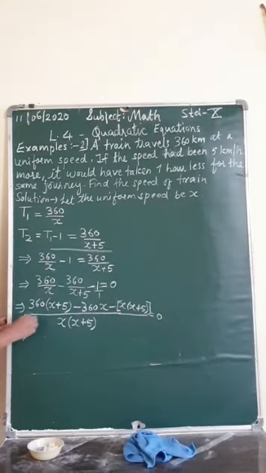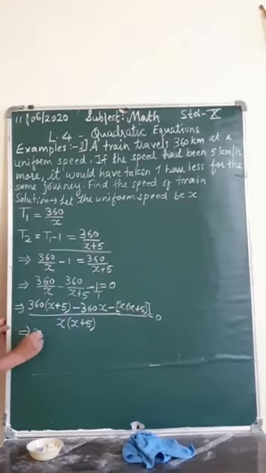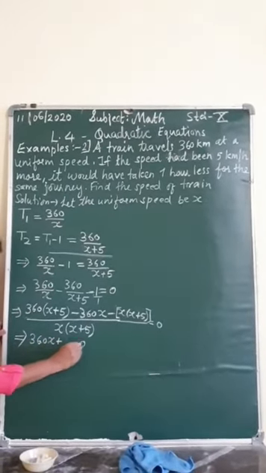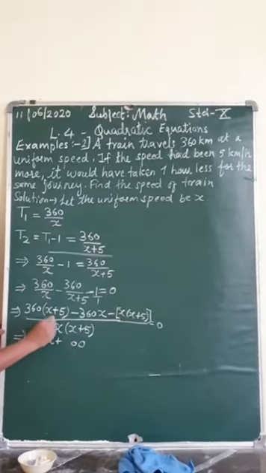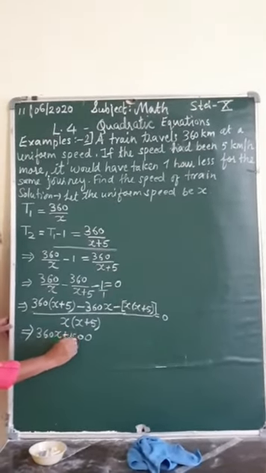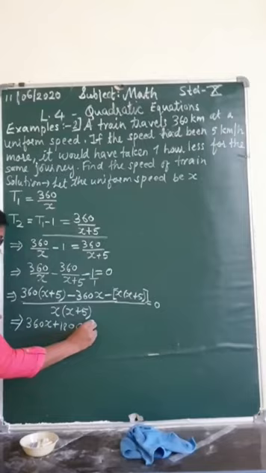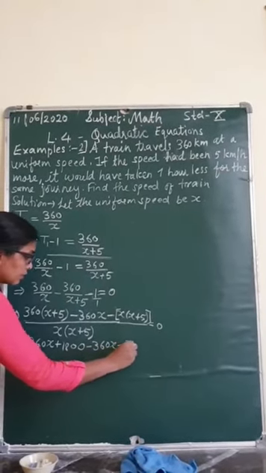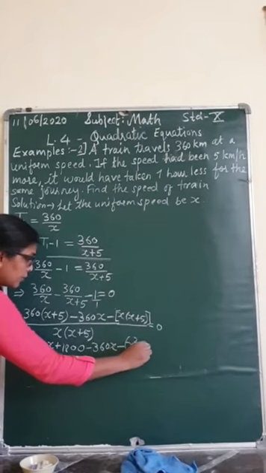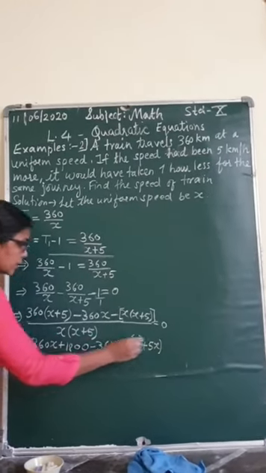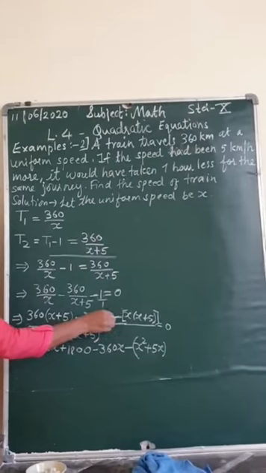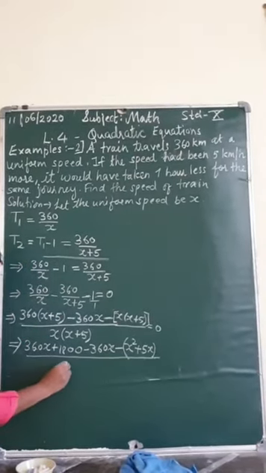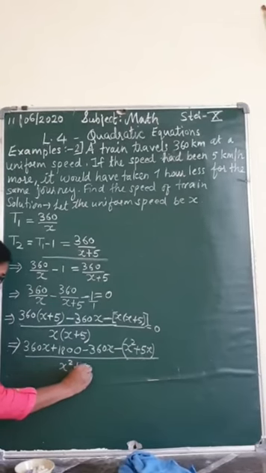So by simplifying this, we get 360x minus 360x minus x square plus 5x. Keep this in a bracket because outside the bracket there is a minus sign. First we simplify this as x square plus 5x.